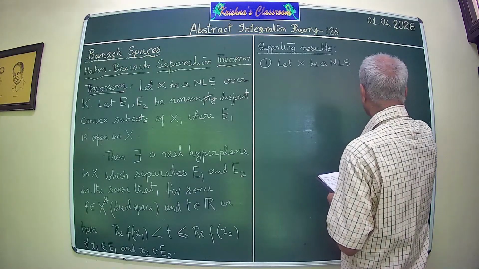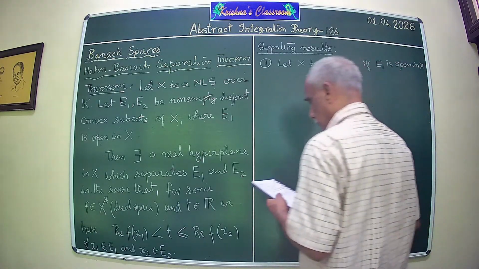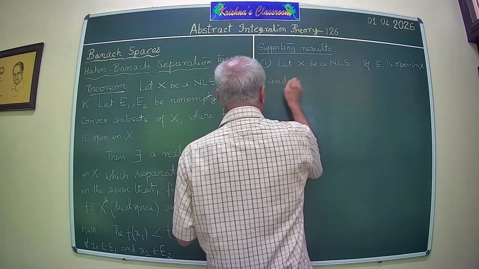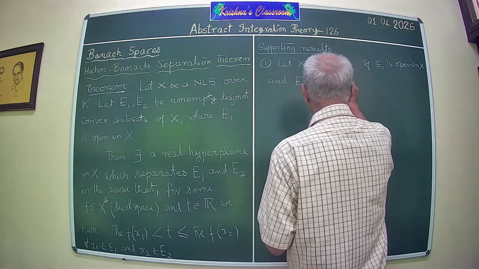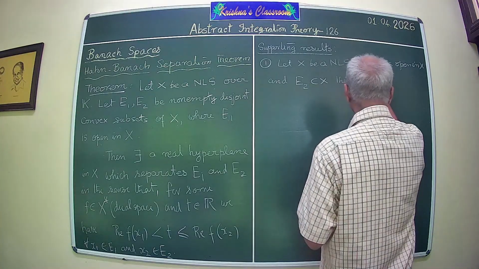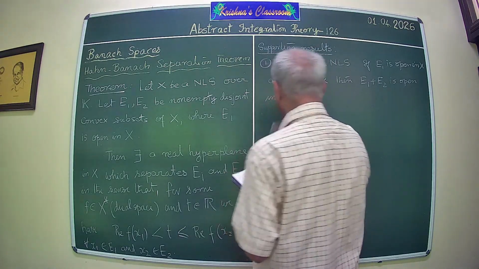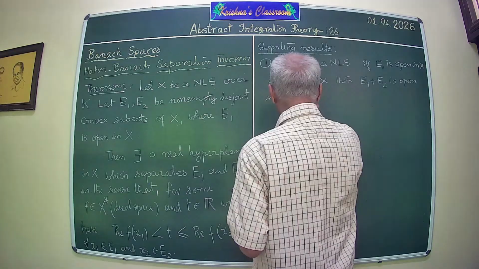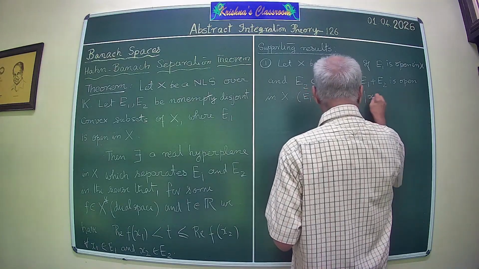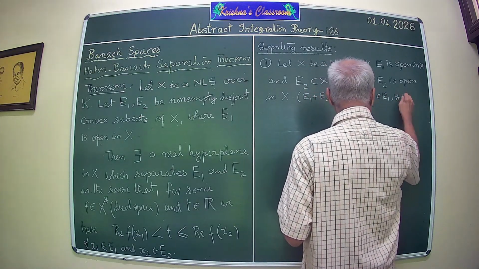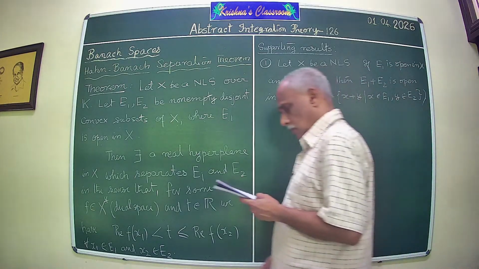If E1 is open in X and E2 is a subset of X, then E1 plus E2 is open, with E1 plus E2 defined in the usual way.